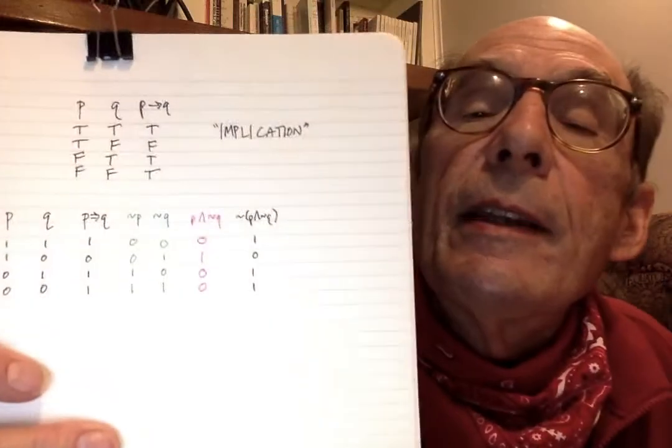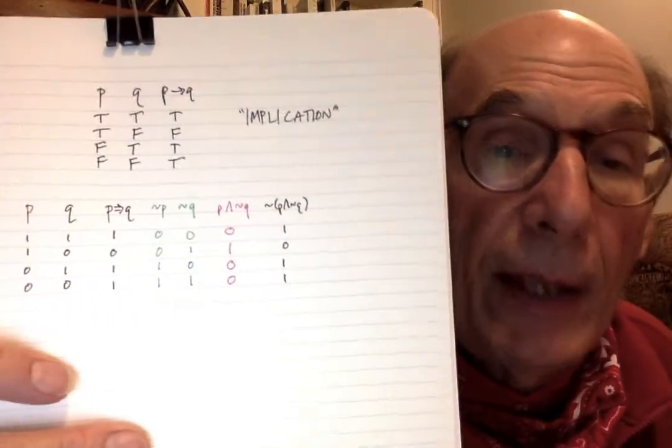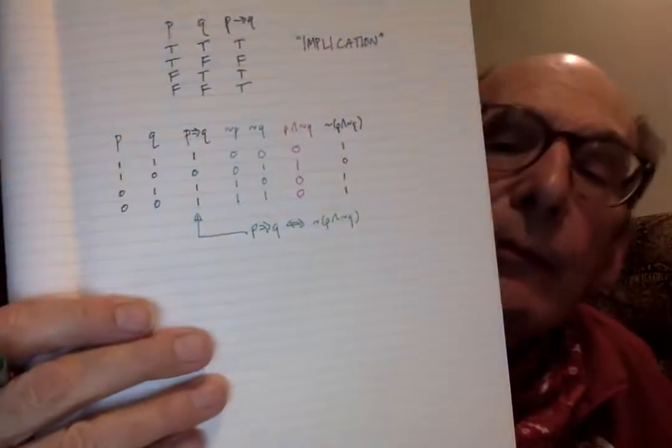And what we see here is that the negation of P and not Q is the same thing as P and Q. Okay, that's a big deal. So let me kind of highlight it. P implies Q is equivalent to the negation of P and not Q. Big deal. Okay.